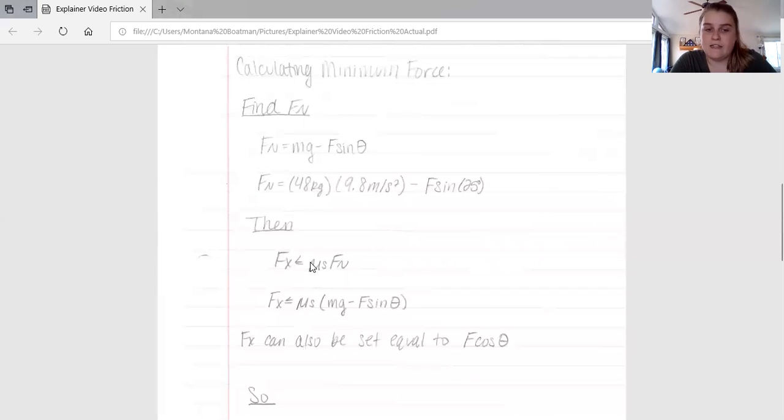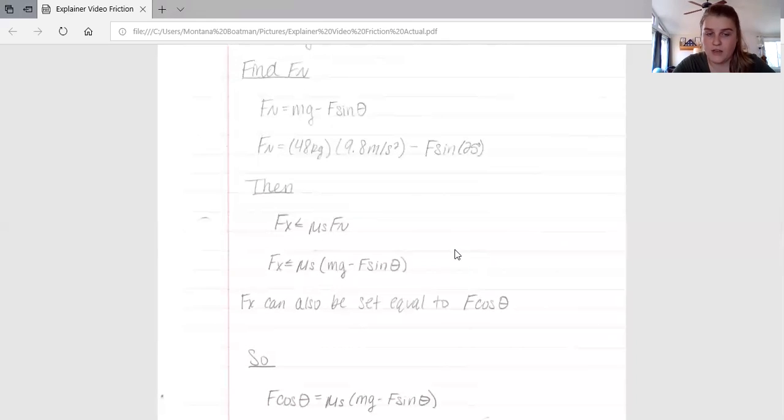Then we need to find the horizontal friction, because F of n is the vertical component, so F of x, we know that F of x is less than or equal to mu of the static times the normal force.